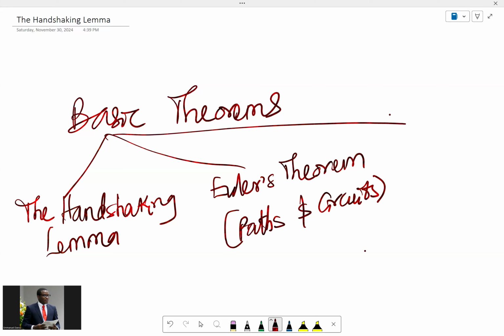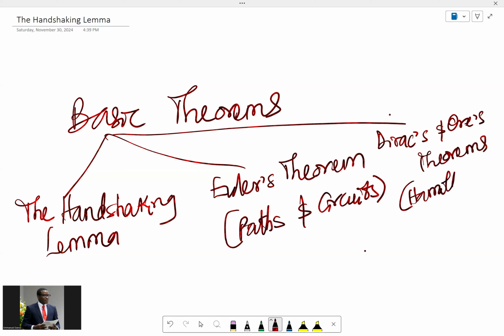And of course we have something related to Hamiltonian cycles. You already know what a cycle is based on what we had done previously. This will be Dirac's and Ore's theorems, I don't know how this is pronounced, and that is related to Hamiltonian cycles.